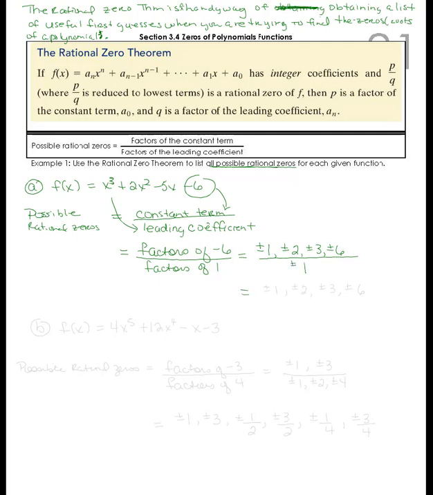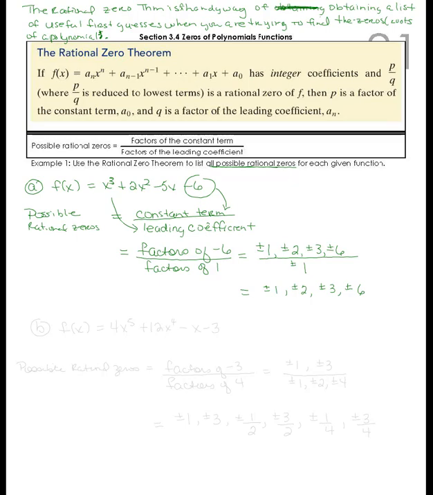Therefore, we can divide this 1 into each of those factors in the numerator, and we get plus or minus 1, plus or minus 2, plus or minus 3, plus or minus 6. So right now, we're just using this test to list all the possible rational zeros.